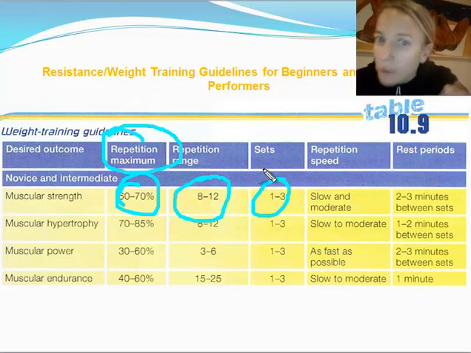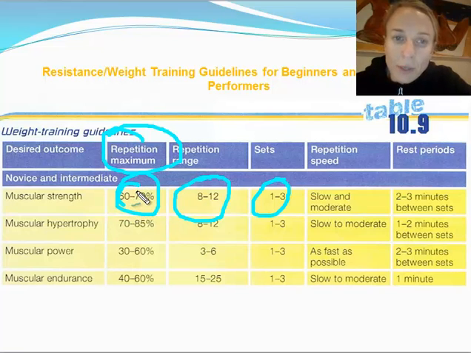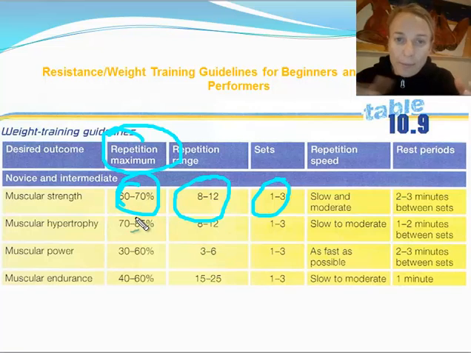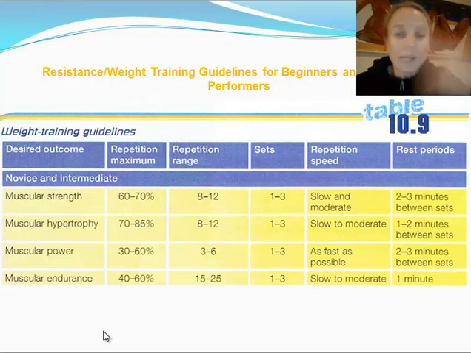To begin with, you'd begin with 1 set, and then you would overload, increase the stress to your body, going to 2 sets, then 3 sets. So as you can see, when you do strength, you might use a weight that's 70% of the maximal weight that you can use.